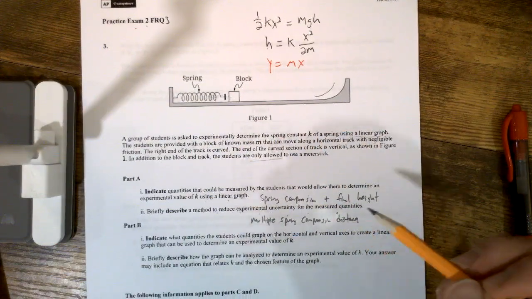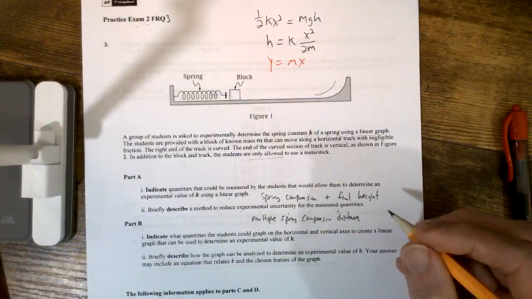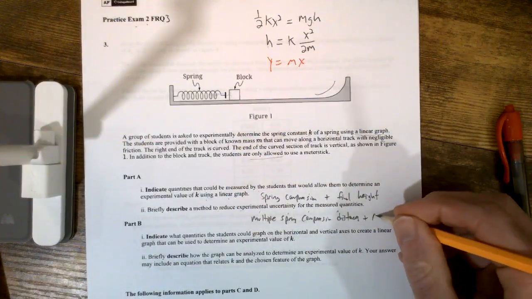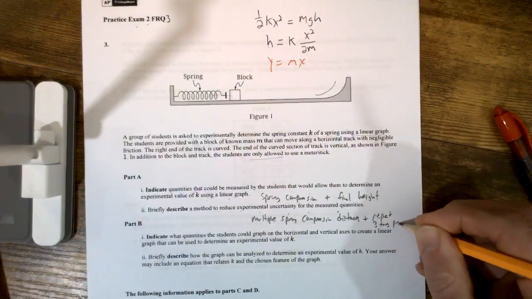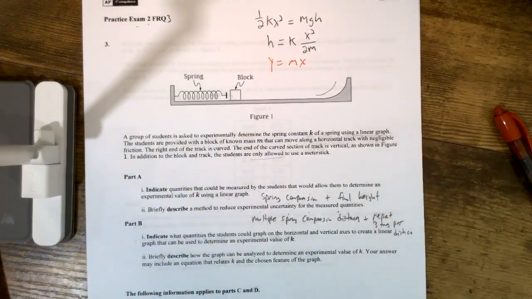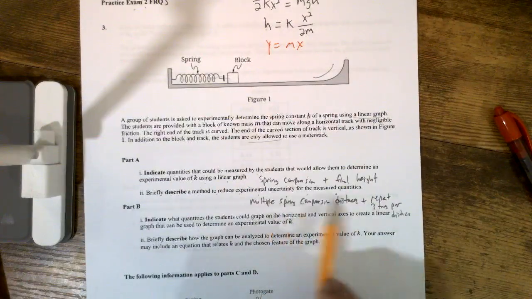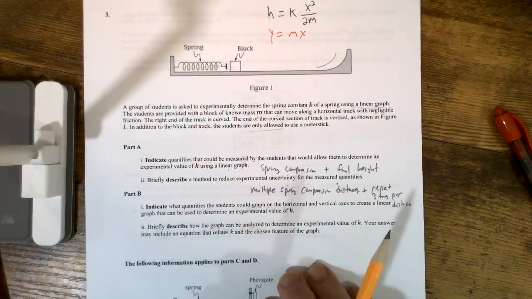I mean, if you're going to make a graph to find the slope, you're going to take multiple measurements anyway. So you could also repeat 3 times per distance, something like that. Okay. You're going to write much neater than I'm writing here on your AP test. Please don't scribble. Make it nice.